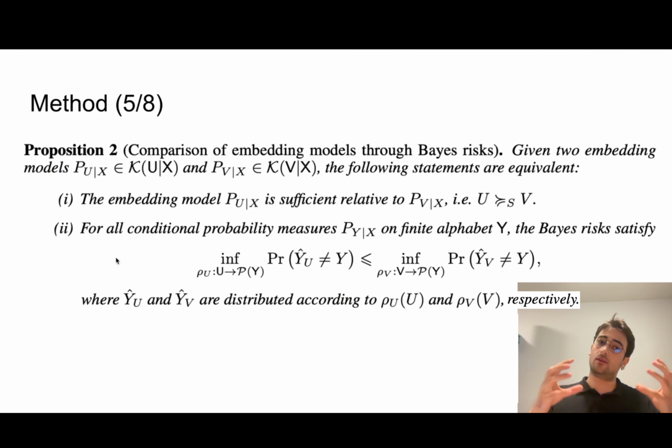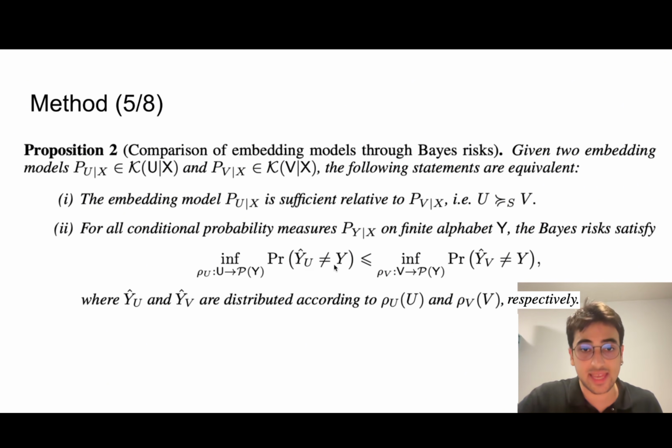So the probability of your model making a mistake, for example, the image was 15 years old and it said 50 years old, is smaller than V making a mistake.